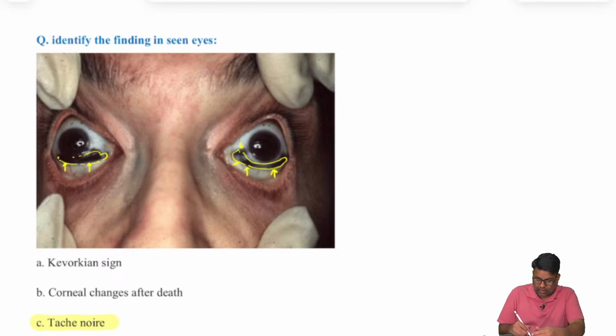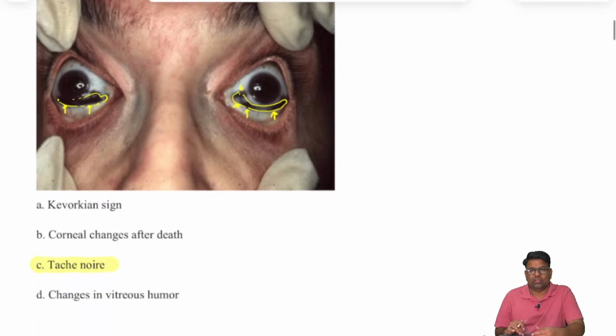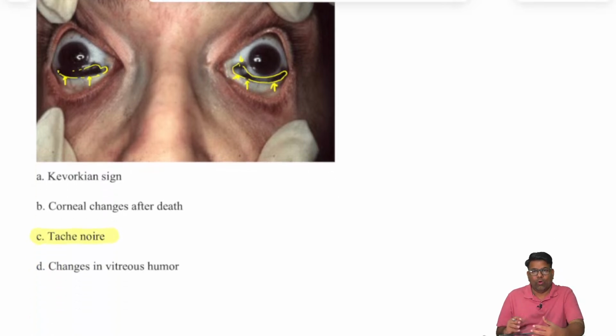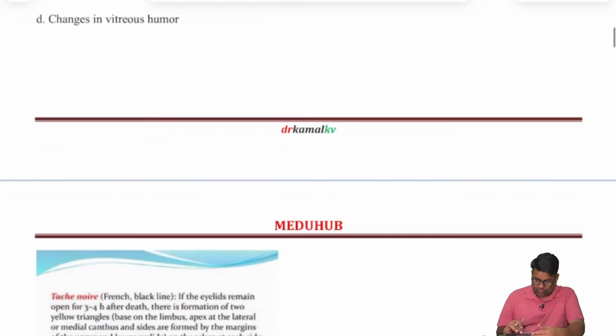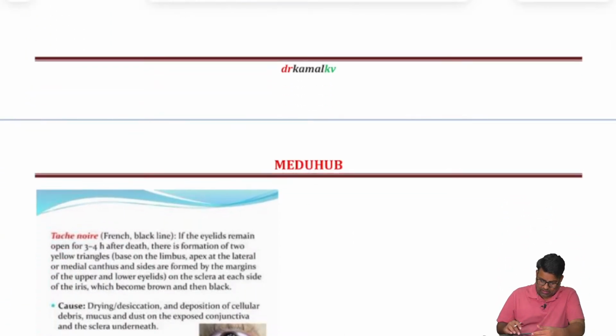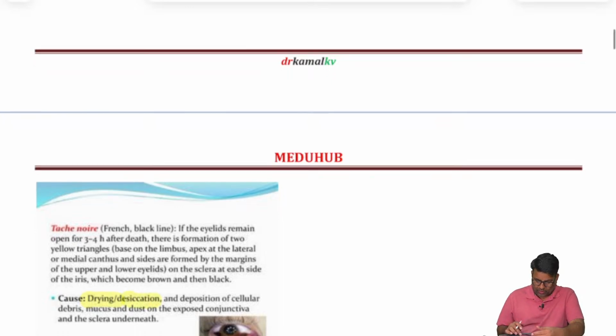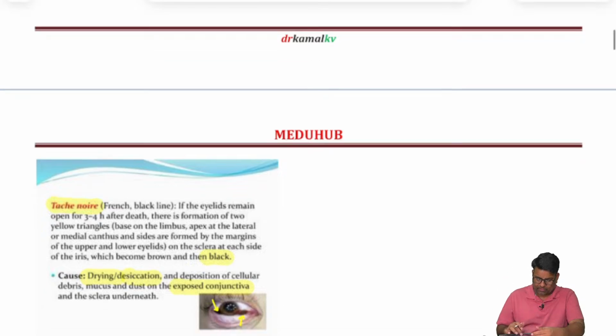This suggests that the eyes remained open, with exposure to the atmosphere. It is because of drying or desiccation of the exposed conjunctiva. So if the eyes remain open after death, there is formation of tache noire, which are usually brown to black in color. Even if you look here, this is tache noire.